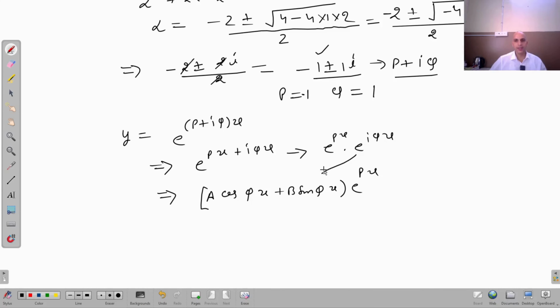So you can expand e raised to power iota theta, which is equal to cos theta plus iota sine theta. A and B are constants.